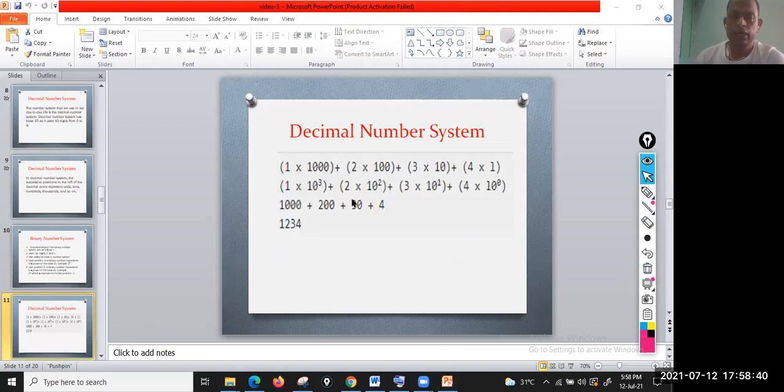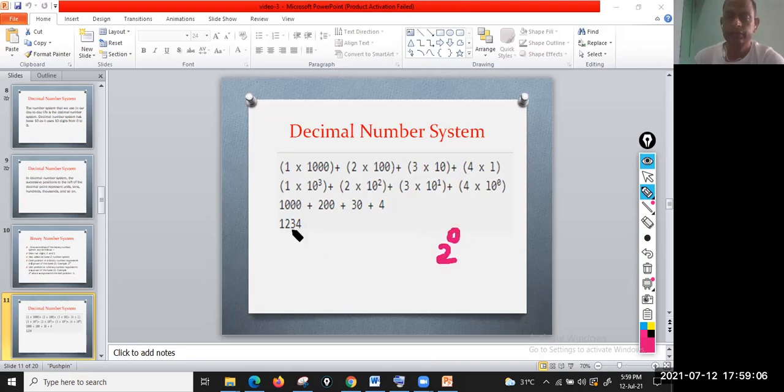For example, how can we represent 1, 2, 3, 4? What is the position of the digit 4? We write from right to left: 2 to the power 0.